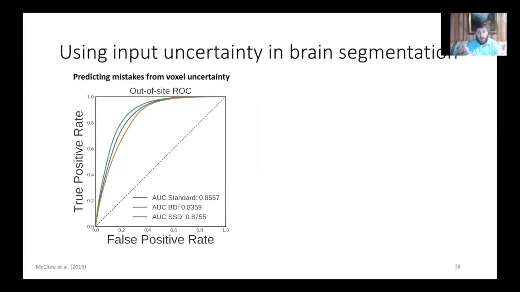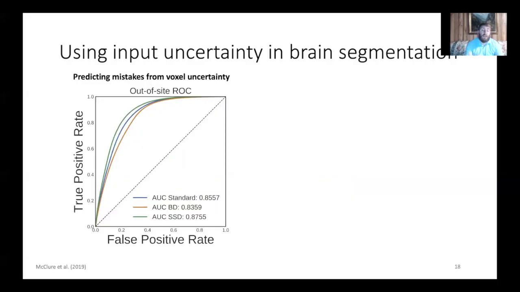Another use of uncertainty that we've talked about is seeing if uncertainty gets higher as you get further away from the training data. One area where this might be useful is in quality control. That is, identifying scans that have artifacts or poor quality and can't be used in downstream analyses.